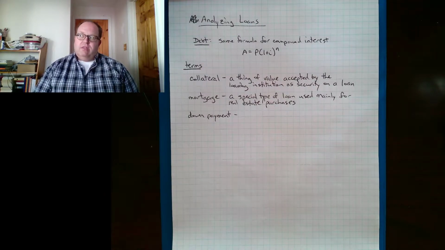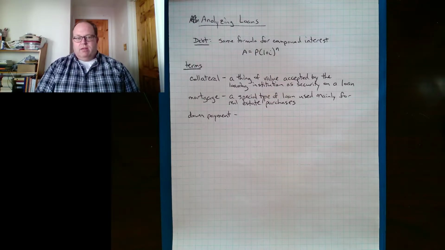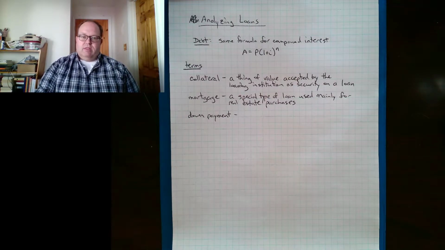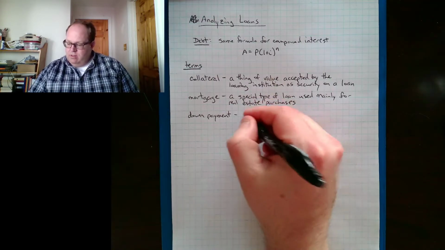And I should restate this from the start. Let's say I wanted to go and buy a home that was worth $100,000. And I go to the bank and I say I need a mortgage to buy this house. The bank will say, "We need to see that you can put up a down payment of 10% of that value. And then we will give you the rest of the money in a loan." That would mean I would need to come up with $10,000 on my own, and then the bank would loan me the remaining $90,000.